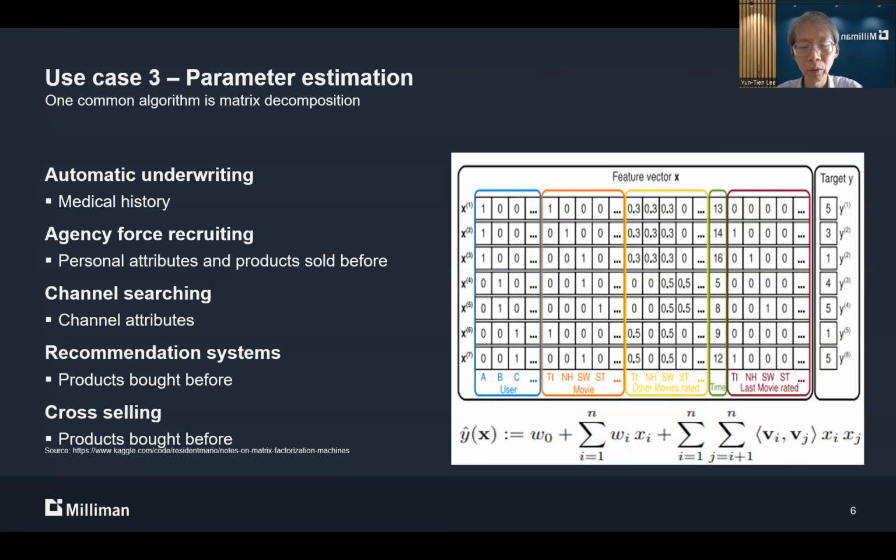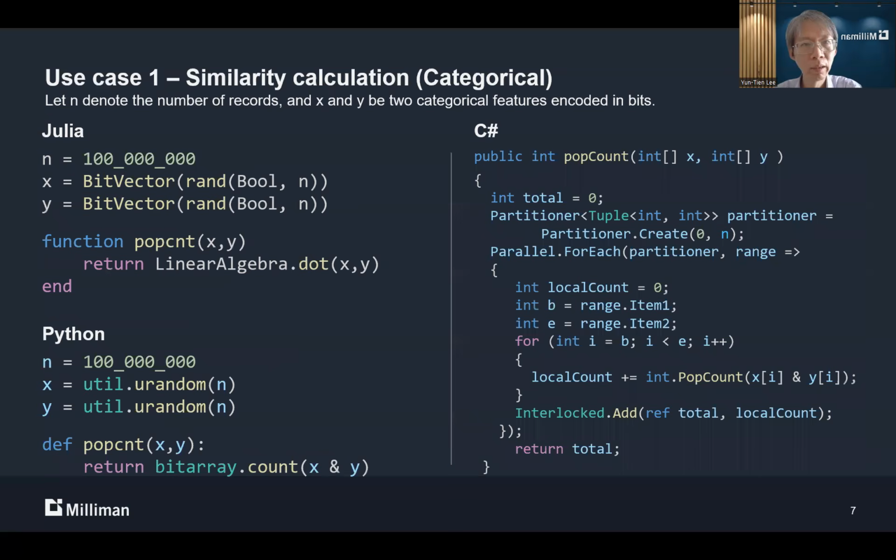So in different applications, we just want to identify the underlying relationship between these variables, and in parameter estimation, we have identified one of the methodologies of matrix decomposition. This one is called factorization machines.